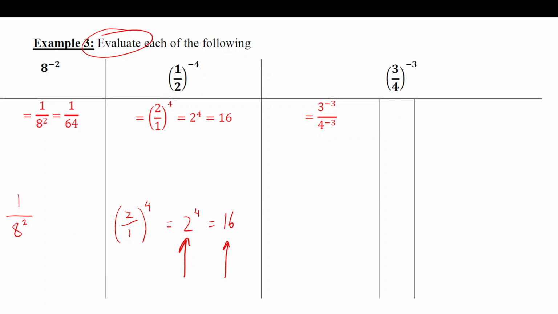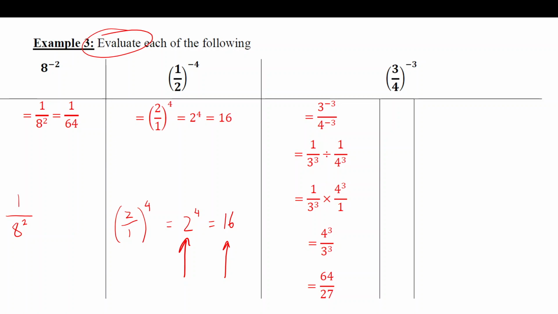And that basically is the same thing as saying 1 over 3 to the power of 3 divided by 1 over 4 to the power of 3, sorry. And whenever you're dividing two fractions, you know now to times and flip the second one, in which case you'll get 4 to the power of 3 over 3 to the power of 3, which gives us 64 over 27.